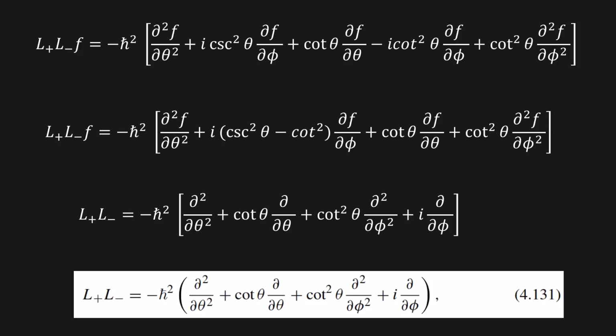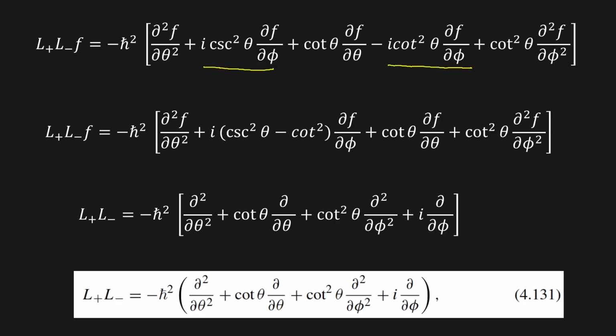Here you can take this term I cosecant squared theta delta f over delta pi. Here minus I cot squared theta delta f over delta pi. You combine both. You can take I outside. Then it is cosecant squared theta minus cot squared theta delta f over delta pi. So the remaining things I am keeping as they are.